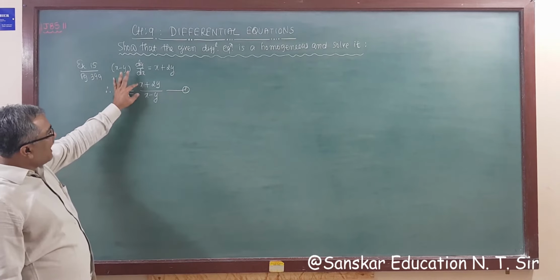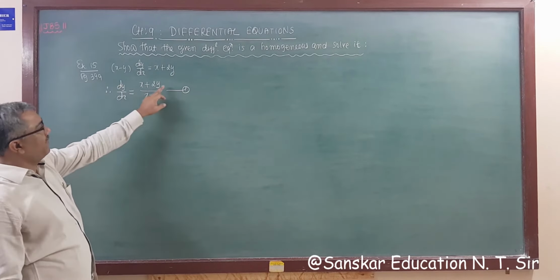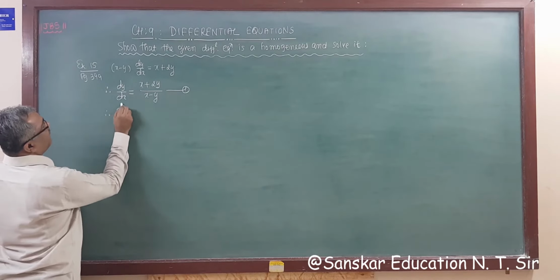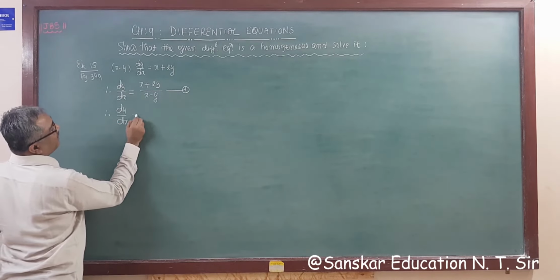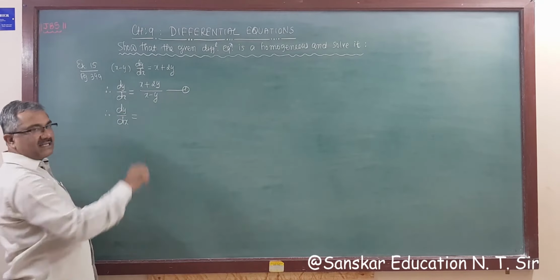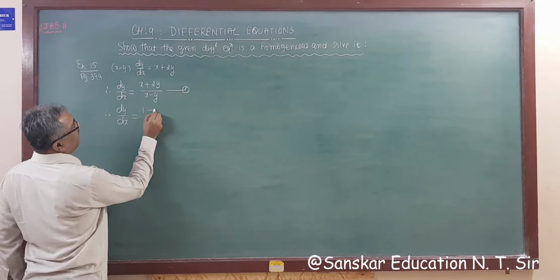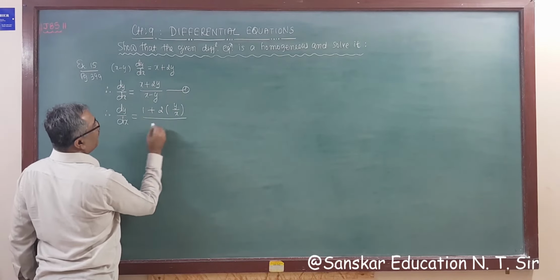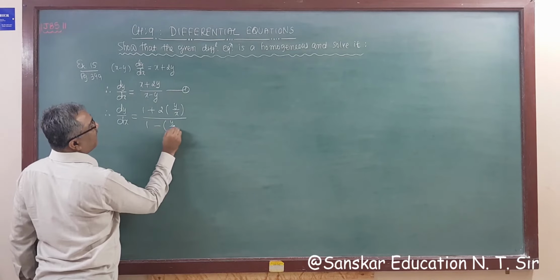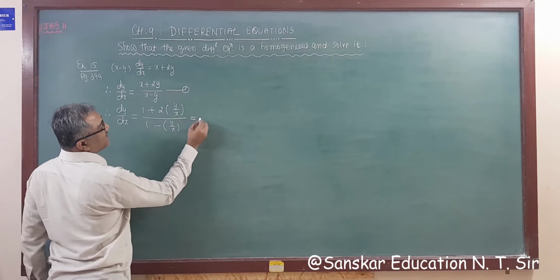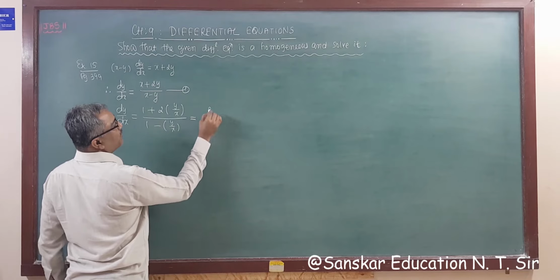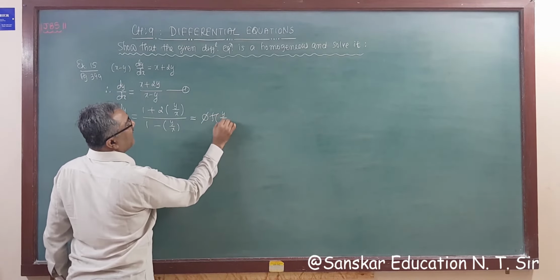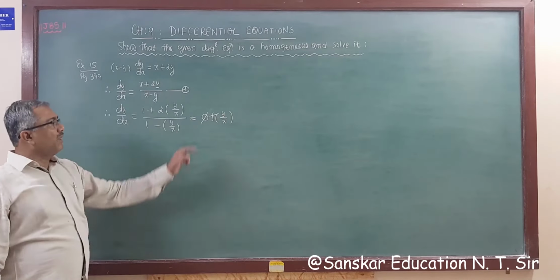Now if we take x common, because this is dy by dx, we want here a function of y by x, right? So dy by dx is equal to, if we take x common from numerator as well as denominator, 1 plus 2 times y by x whole upon 1 minus y by x, and this is a function of y by x, right? So there is no arbitrary constant here.